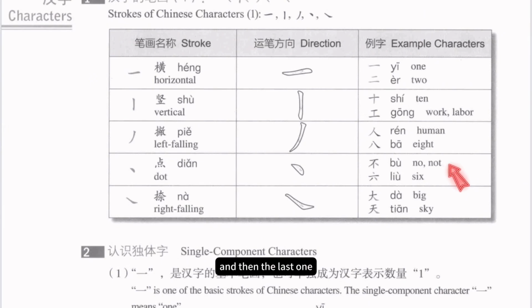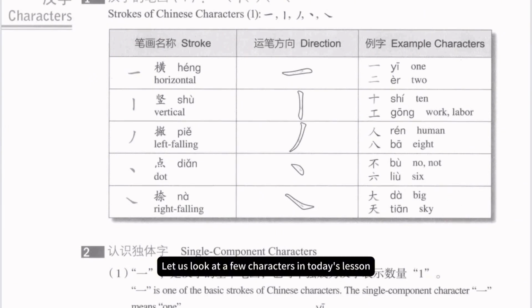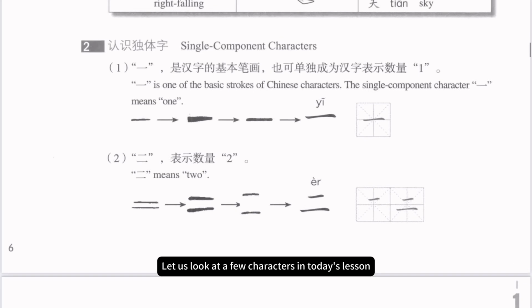And then the last one, 捺, 捺, like in the character 大, 大, or 天, 天. Very good. Let us look at a few characters in today's lesson.